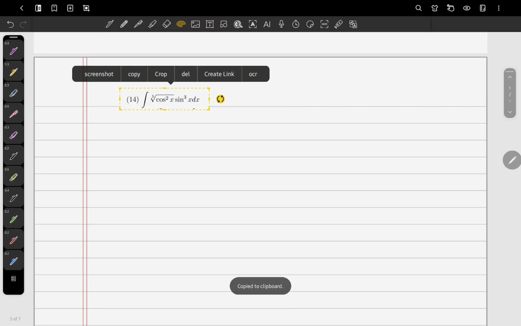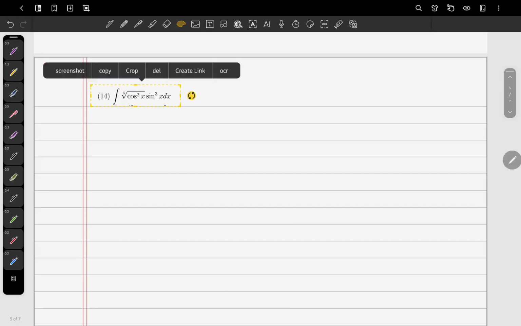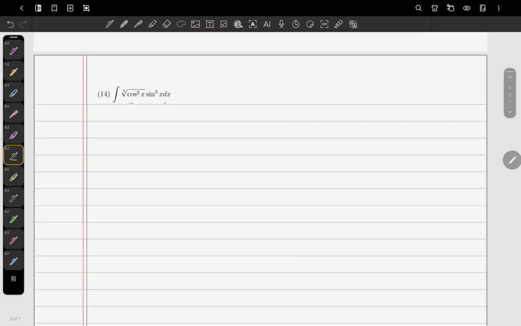It is to make u equal to one of them and collapse the other into the unique one. So what do I mean? Since this one is underneath the square root, I cannot cancel it out. So it is the ripe candidate for u. So let u be equal to cosine of x, just cosine of x.